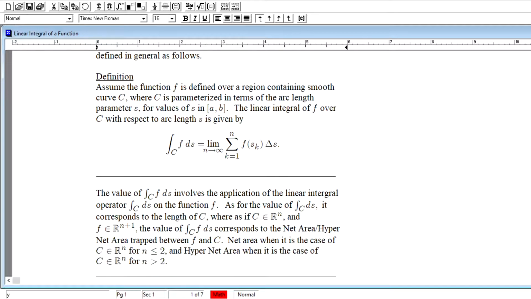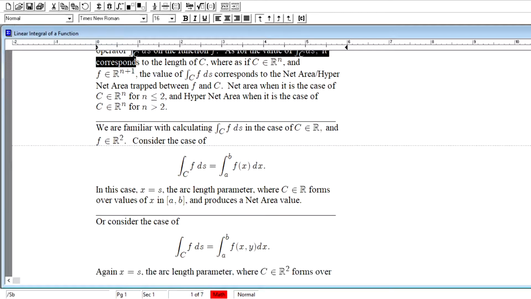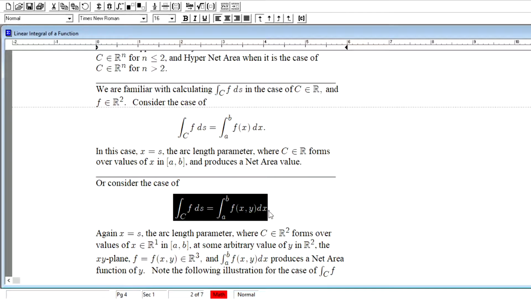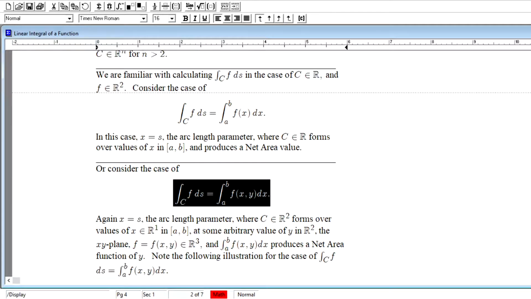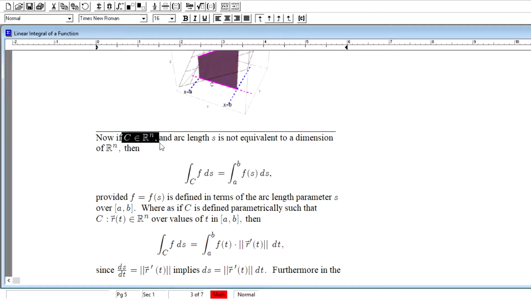Where C can occur in some very simple descriptions of space, one-dimensional space or two-dimensional space, as we've seen set up in our study of single integration or the first iteration of double integrals, but can also be generalized to a more generic description in its calculation, where C can just be a curve in n-dimensional space happening with respect to its arc length s, and can be applied to any given function f.